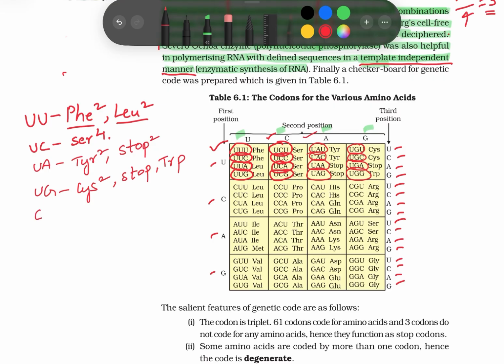Second row, C. The first letter is C and again the second letter is U. All are coding for leucine only. Leu4: CUU, CUC, CUA, CUG. The next series is CC.